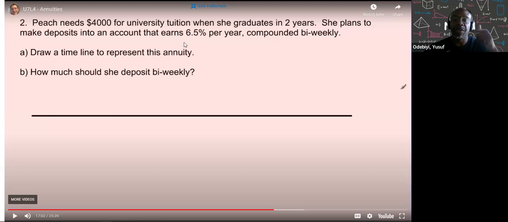With the money she's putting into the account, it's going to give her 6.5% compounded bi-weekly. So we know the future amount.